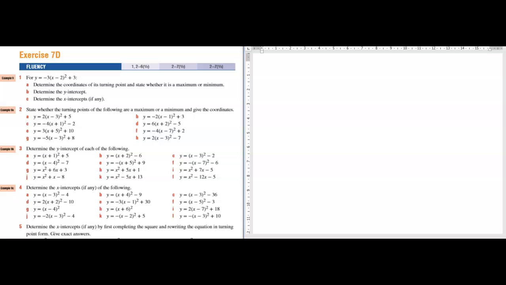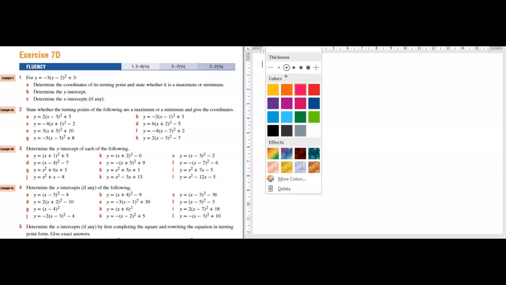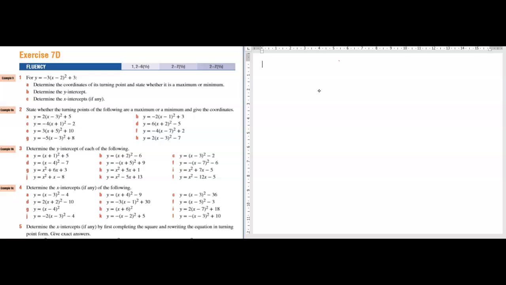Let's start off with question 1, because sometimes I start later and students still need help with the very first question. When I look at this, I can tell so much information, because I'm experienced with quadratics, and eventually you'll get to this point.